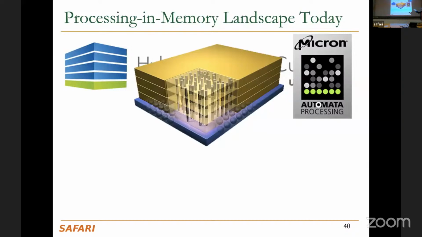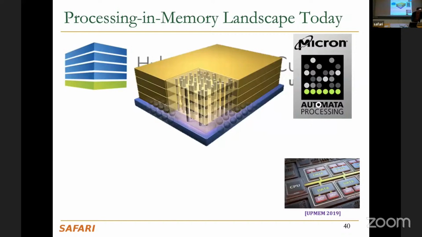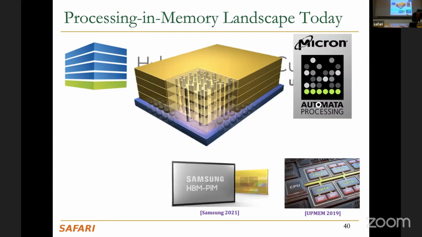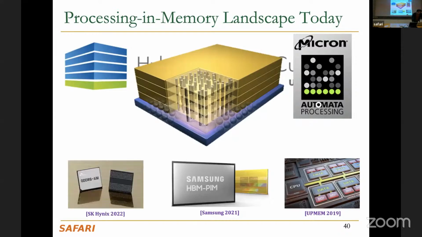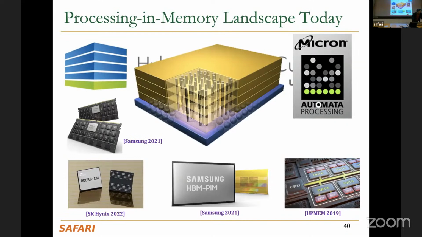Other examples of computing near where the data reside are the automata processors from Micron. But even more recently, there are more specific processing in memory designs, such as the UPMEM PIM architecture from 2019, and more recently, Samsung HBM-PIM in 2021. Even more recently, this year, SK Hynix announced their processing in memory system. This is another one from Samsung, and this one is from Alibaba.